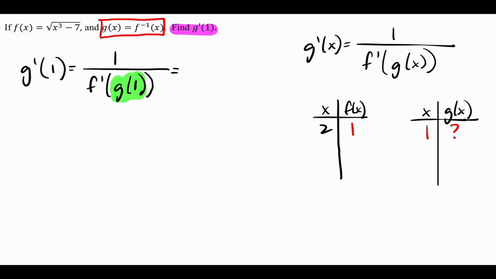Which means on its inverse, instead of 2, 1, it's going to have 1, 2. So now I know the green guy is equal to 2.